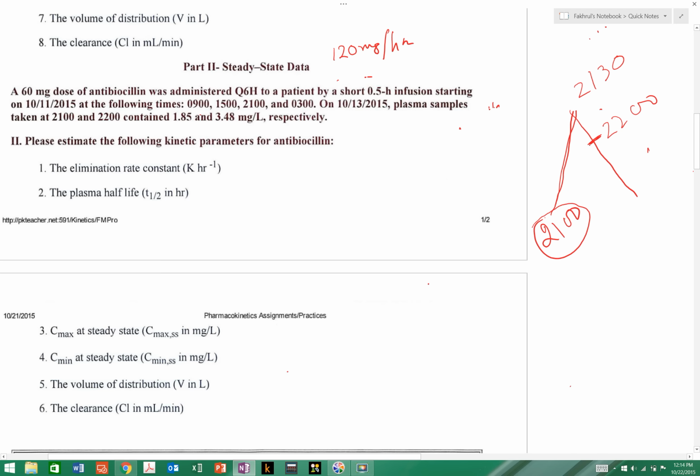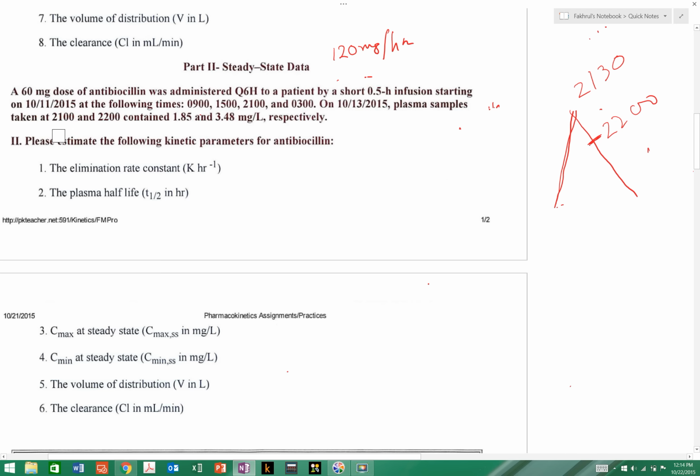Trough sampling time is this one. Do not get confused with the other one. In this case, although it is the same, it could have been 2030 instead of 2100. So you add a dosing interval, which is going to be 6. Always remember to add a dosing interval to the trough time, to be consistent.